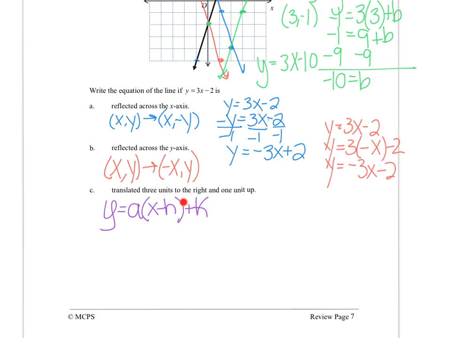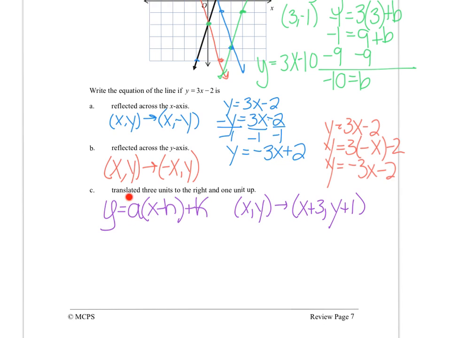But because this is linear, our exponent's going to be 1, and we're given this. What we know is that (x, y) is becoming (x plus 3, y plus 1), because it's translating 3 units to the right, the plus 3, and 1 unit up.